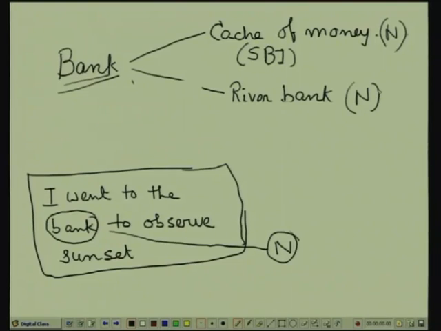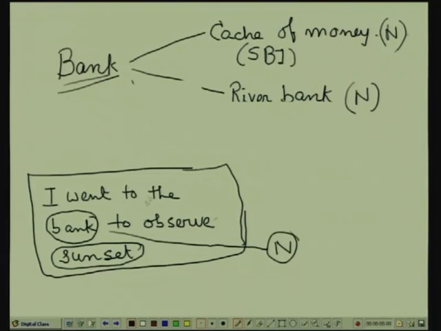That knowledge will be from the context, that sunset is usually watched, observed near a river or a sea. So, the probability of this bank being a river bank is higher in this context, because this bank is associated with this phrase to observe sunset.